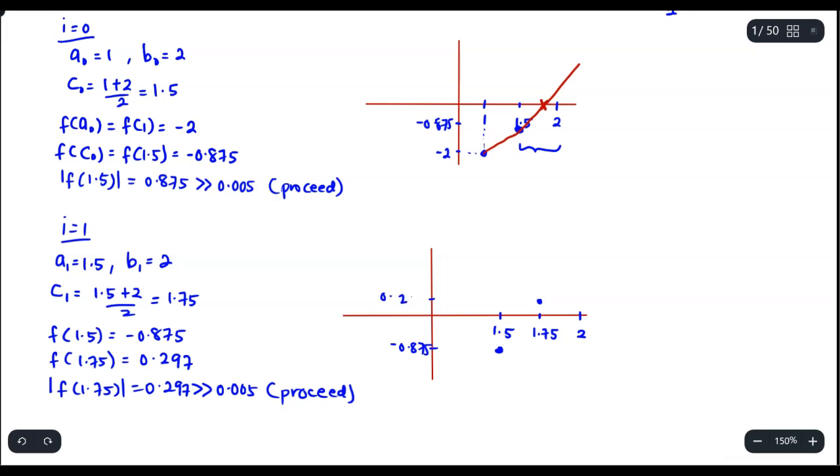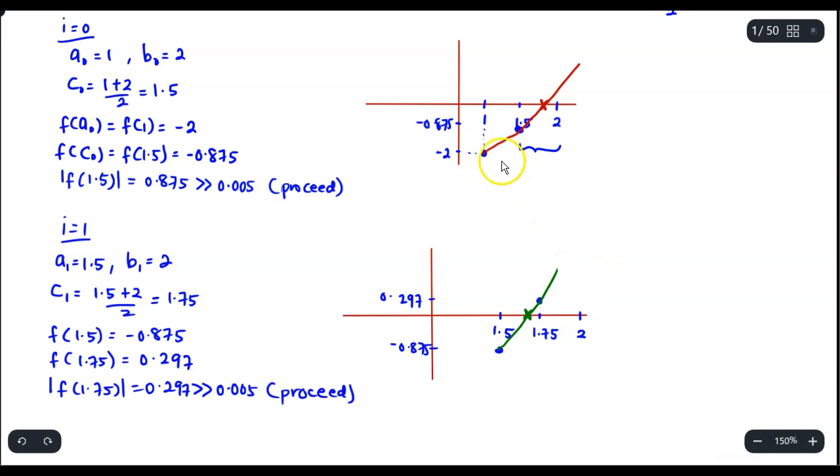So the value here is 0.297. So we have this point here. Similarly, we connect the two points. Now you can see this is our intersection of the curve with the x-axis.